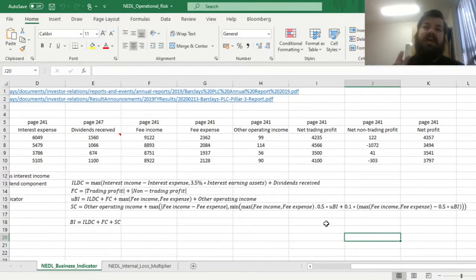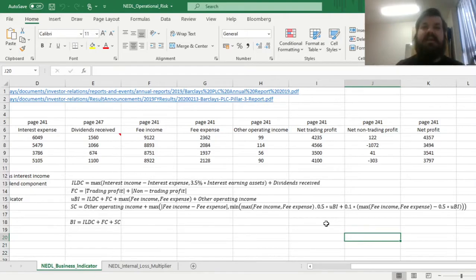So here we need to make sure that we fall in this sweet spot where we are not over-relying on fee expense and fee income in calculating our business indicator, but we are not underestimating the impact of fees that generate some nice cash flows for our bank.